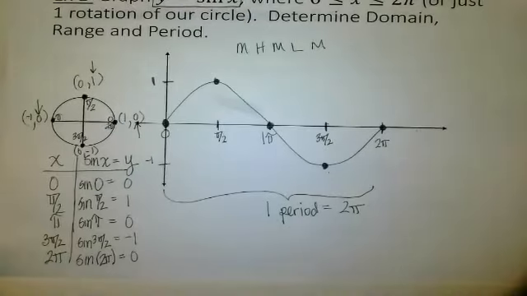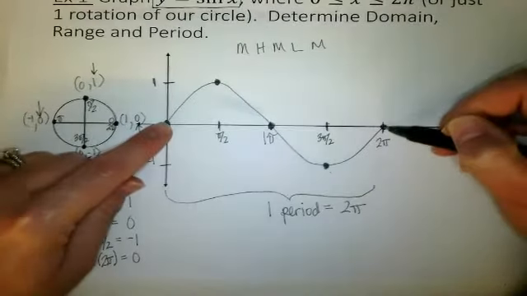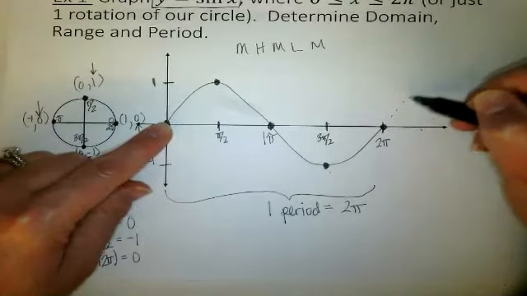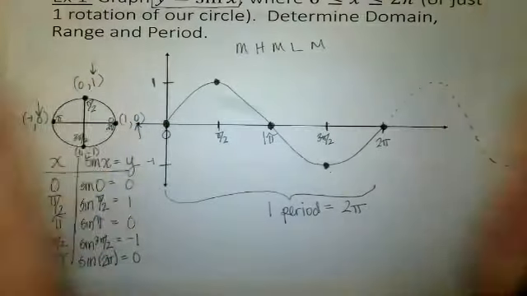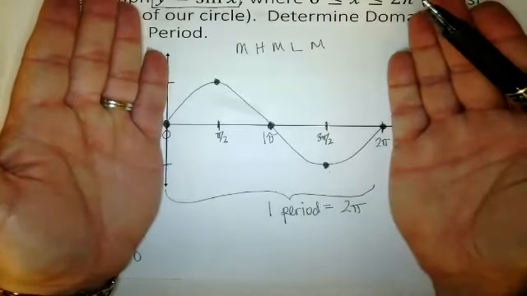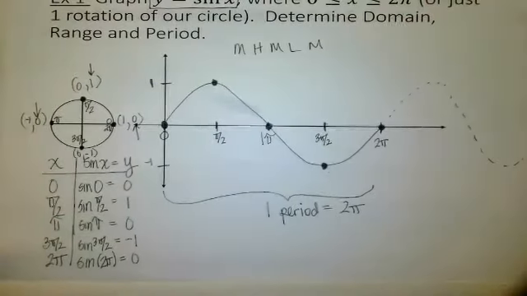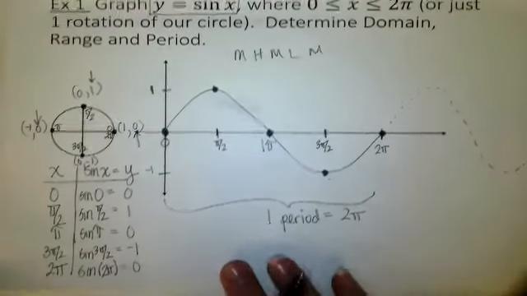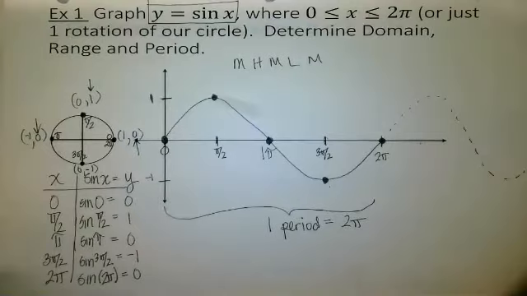A period is, hey, after this point, that graph is just going to start repeating itself. All right? And so this represents one cycle or one rotation. And after that, it's just repetition. Okay? And so this regular sine function, this is our basic sine function, has a period of 2 pi.